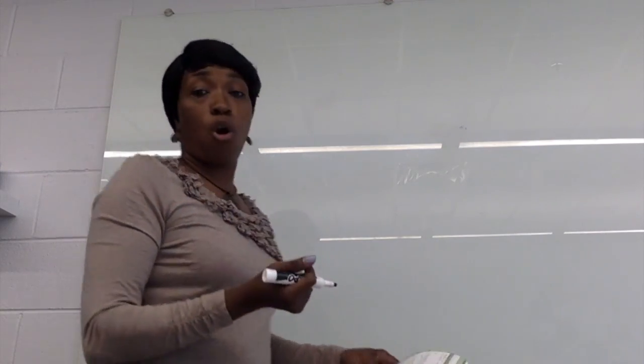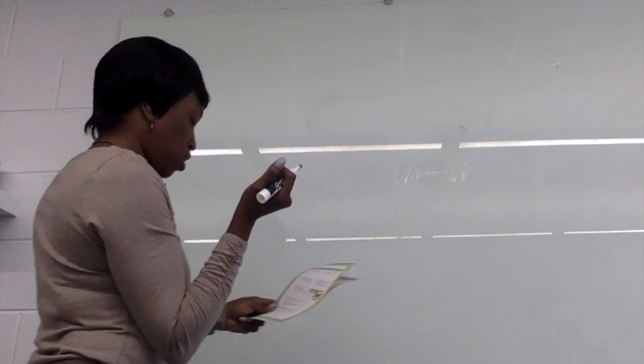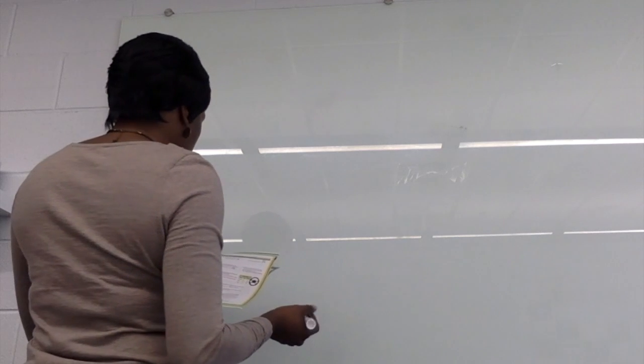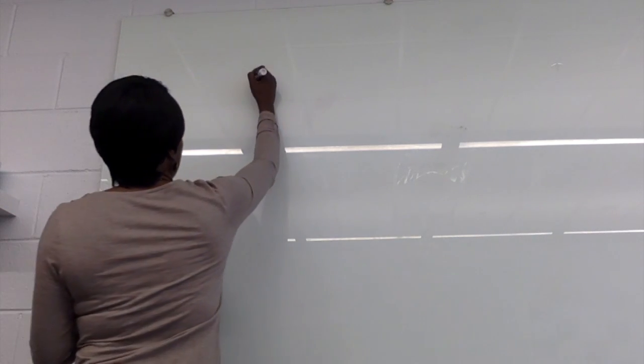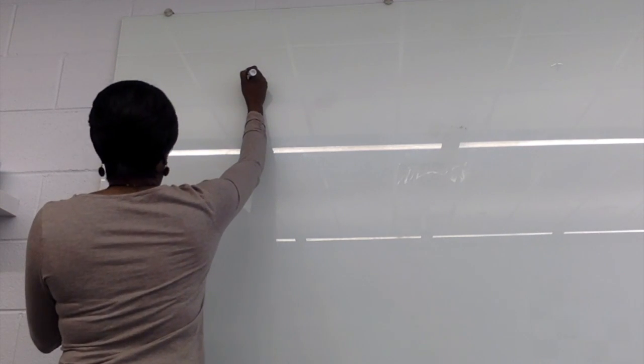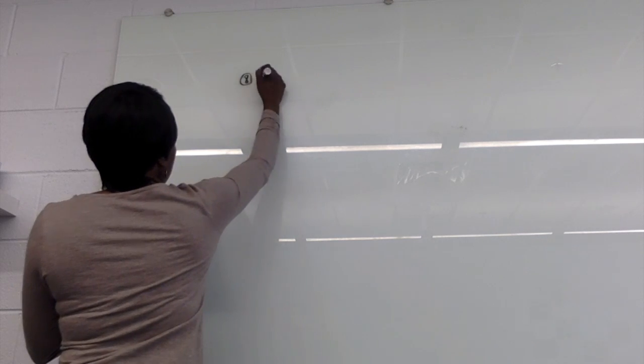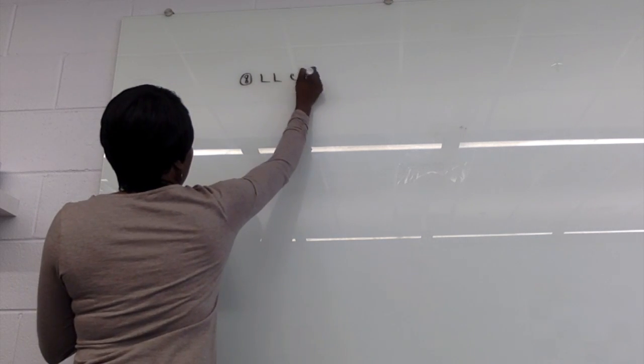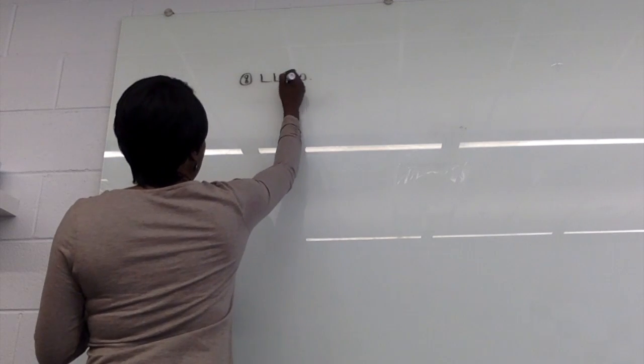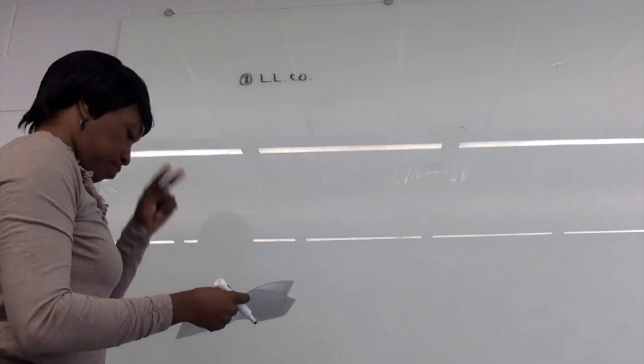Okay, let's look at number 8. Now, number 8 has a lot of parts to it, and you got to think about it. What's happening here? It says the Loving Lemon Company. I'm just going to shorten it up.